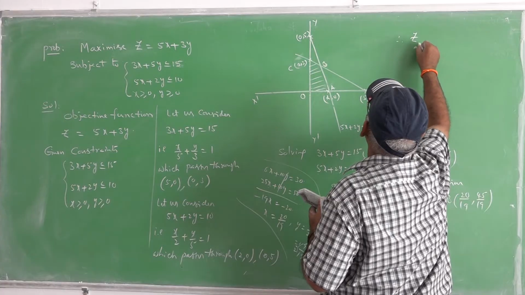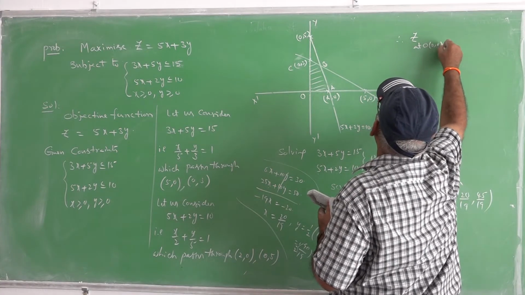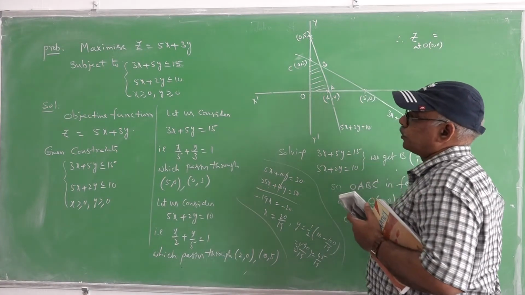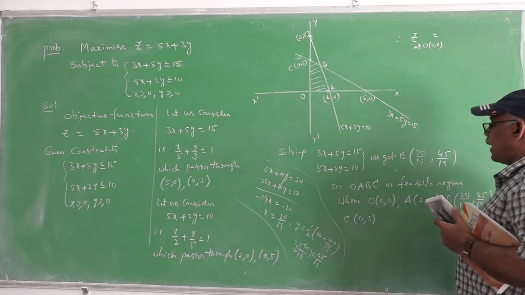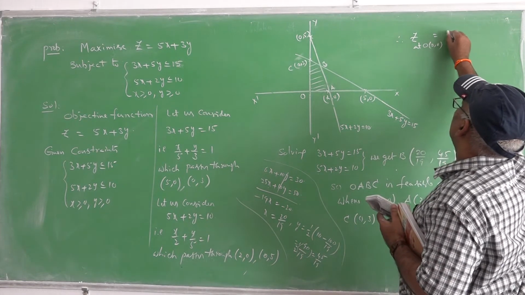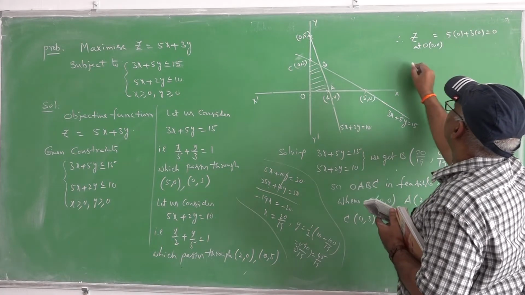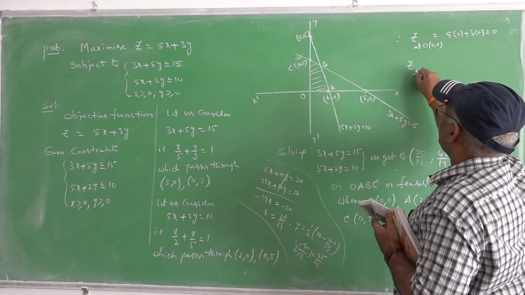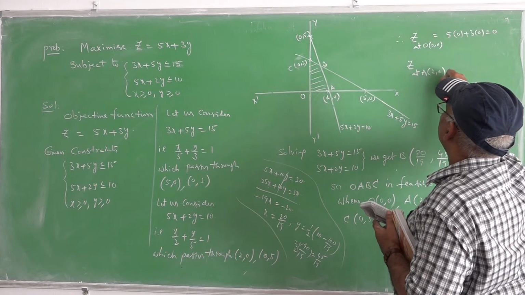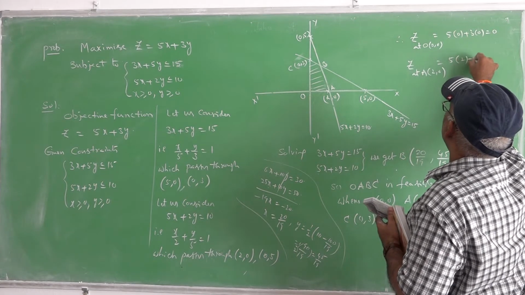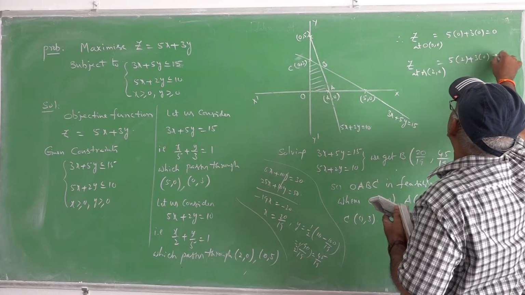Therefore, Z at origin, the objective function value at origin, that is 5 into 0 plus 3 into 0, clearly 0. Z at A, 2, 0, 5 into 2 plus 3 into 0, 10.